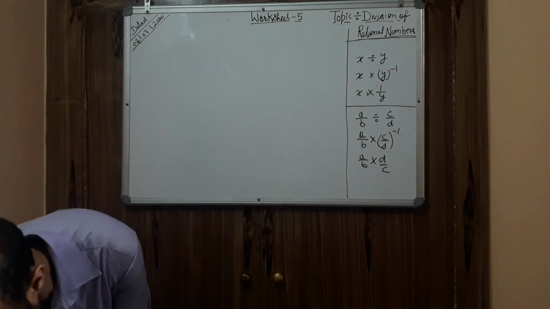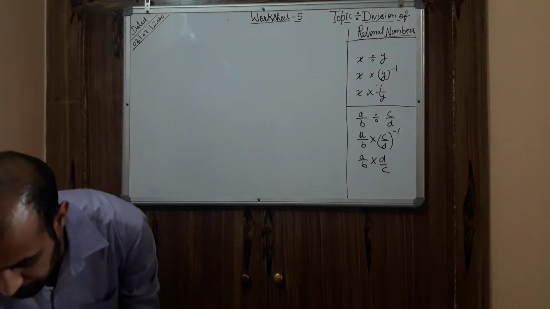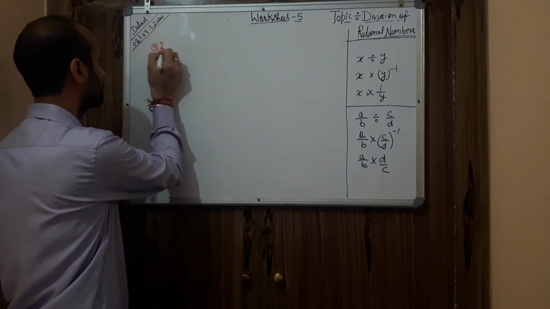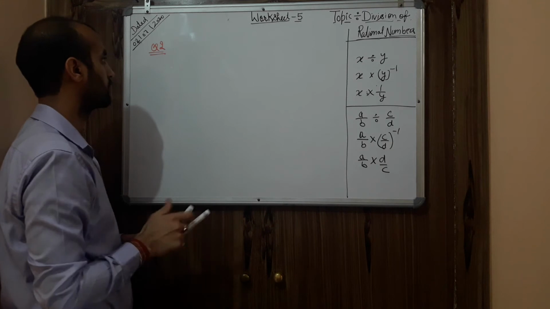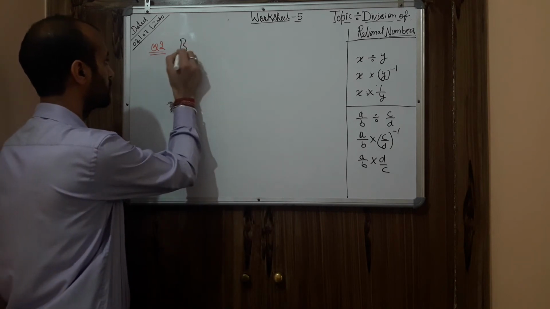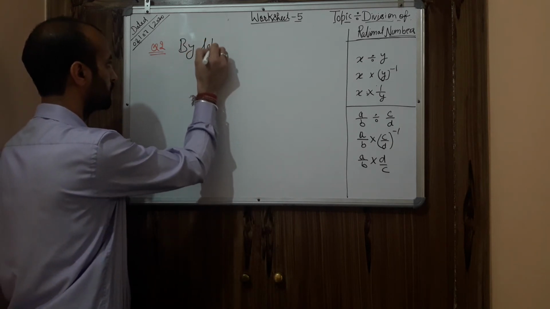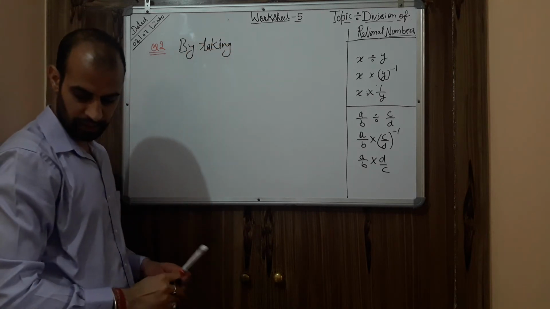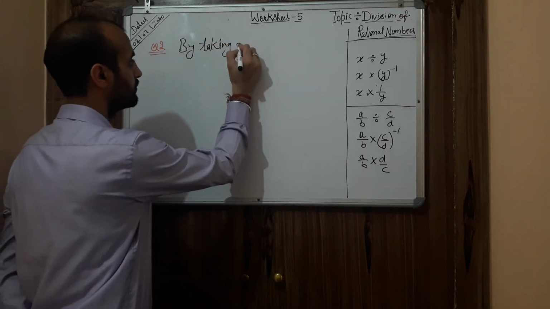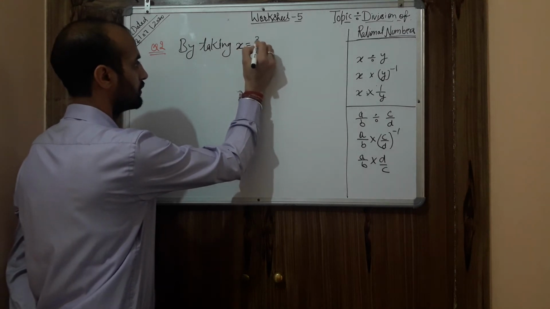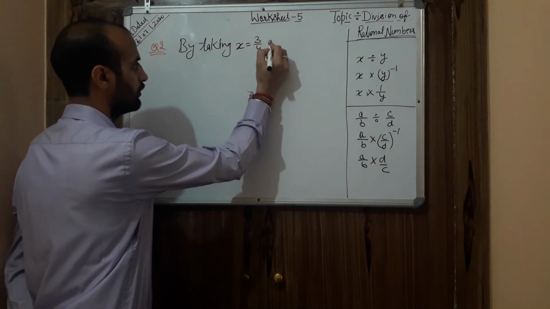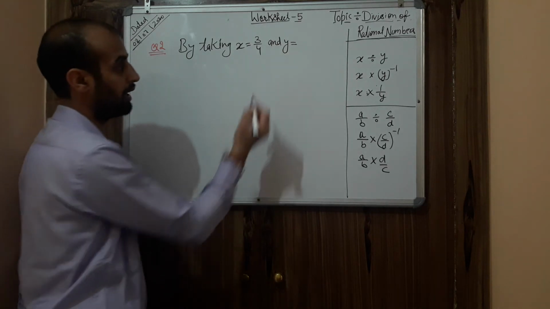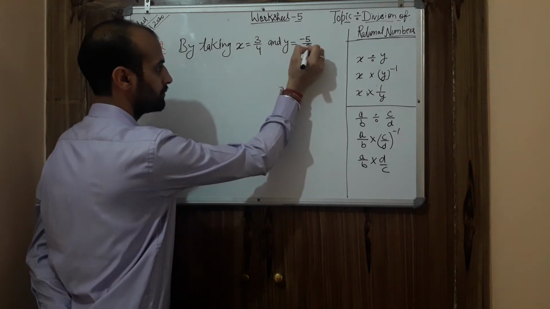So let me take your question number 2. Take x equals 3 upon 4 and y equals minus 5 upon 6.